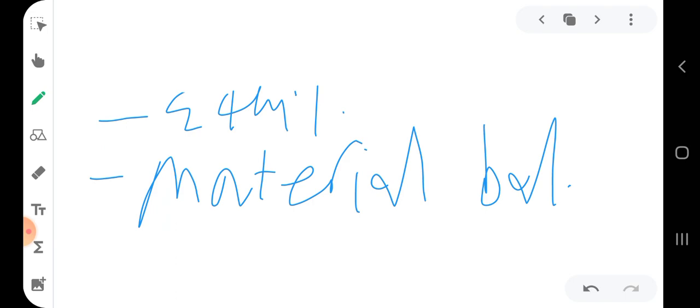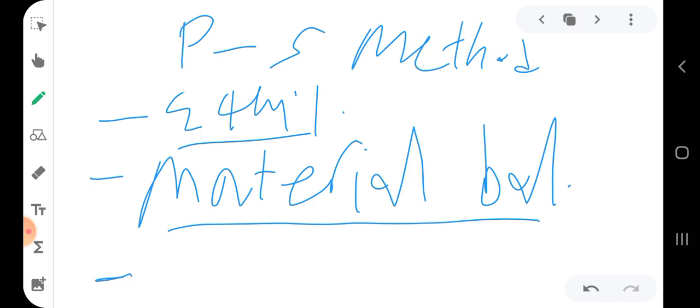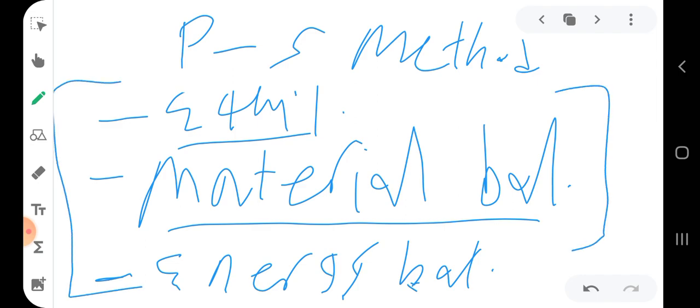Okay, so in Ponchon Savarit method, we still use the equilibrium relationship, the material balance, along with the energy balance. The energy balance to analyze the column. So as we introduce a new equation, this means we are going to do more effort. So we are going to reduce the assumptions that we made in analyzing the distillation column.